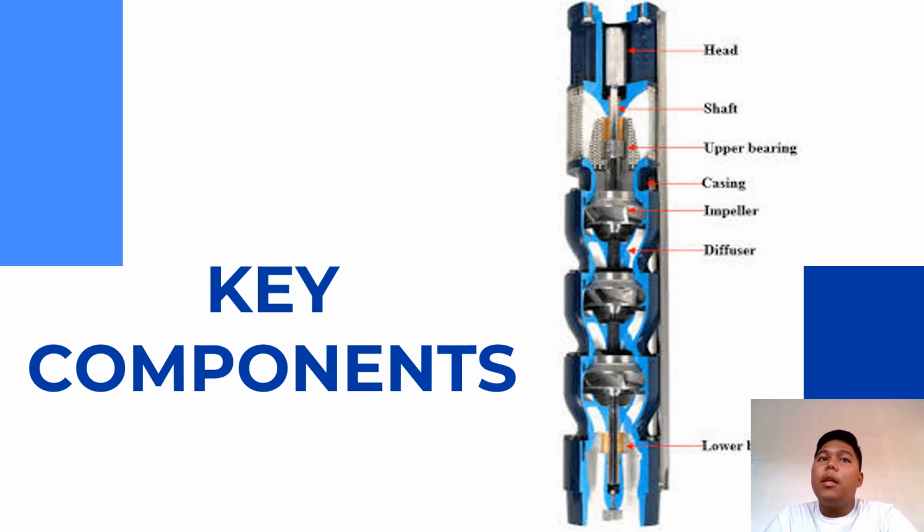The next key component is the shaft. It connects the impeller to the motor and transfers the power. Next is the casing. The casing encloses the motor and impeller, protecting them and providing a path for the liquid flow.